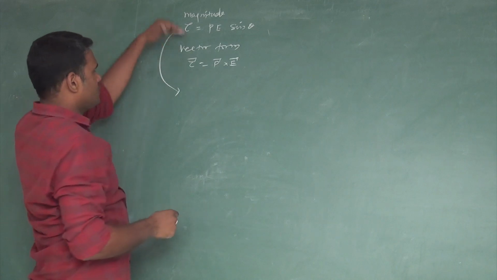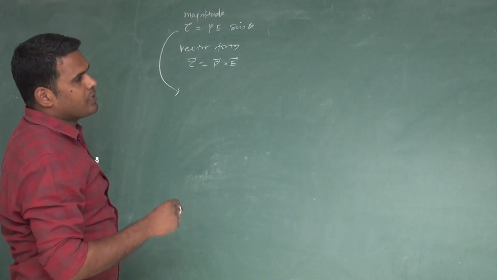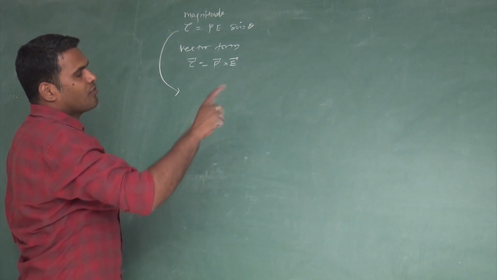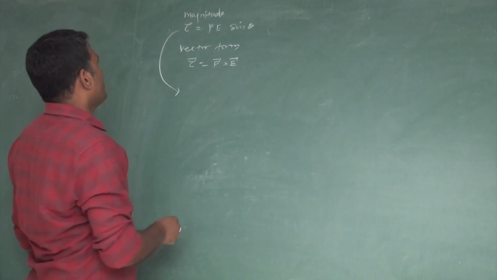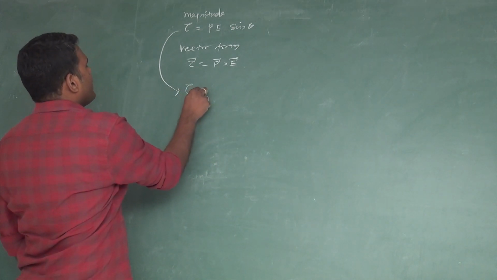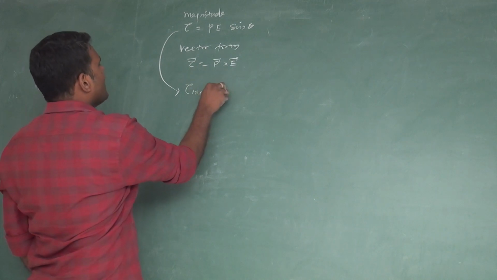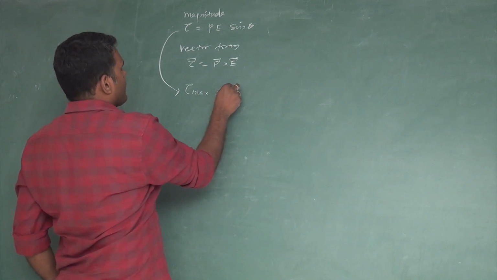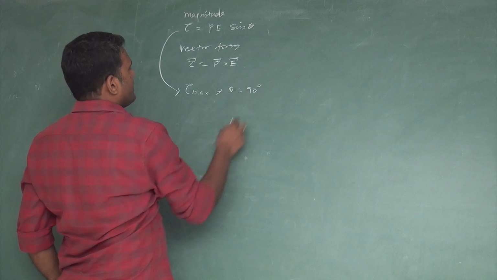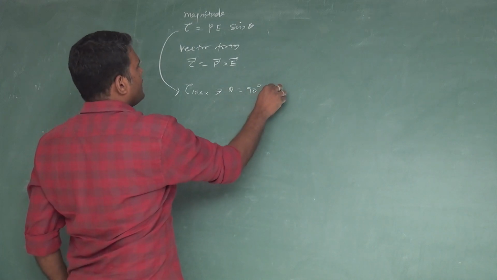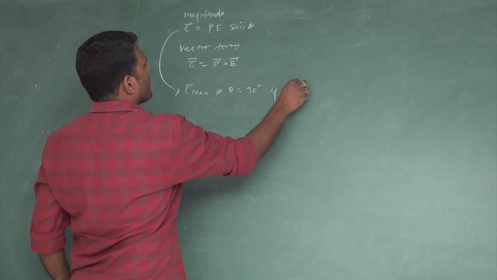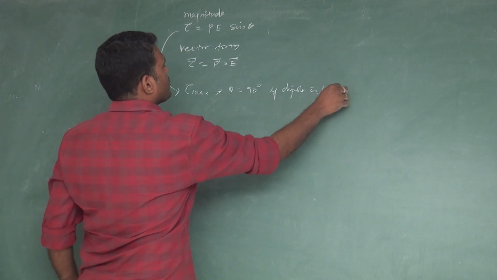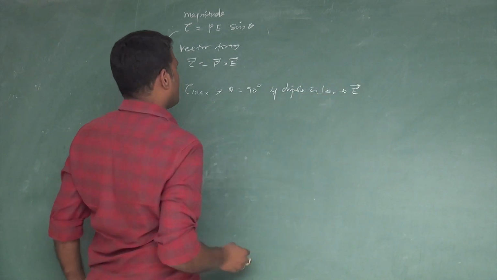From this magnitude of torque, we can speak about the different values of torque at different positions of the dipole. When do we say the torque is maximum? Torque is maximum when theta equals 90 degrees, which means the dipole is perpendicular to the uniform electric field.